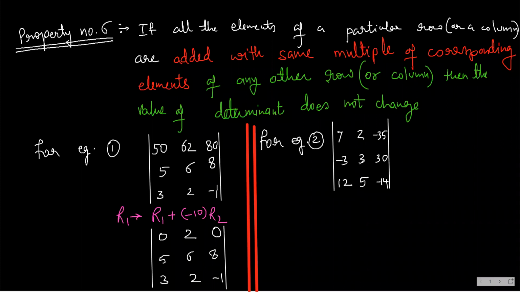Students, I take one more example here. What I forgot to tell you is, after having used this property, that is after having changed the elements of R1 by adding minus 10 times the corresponding elements of R2, the value of whatever new determinant I'm getting will remain same.